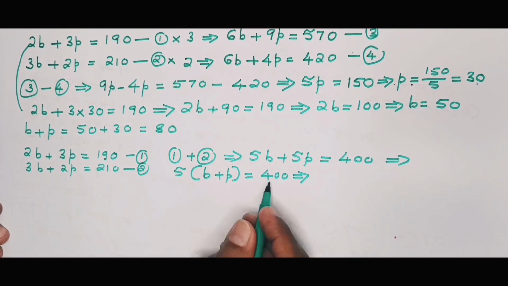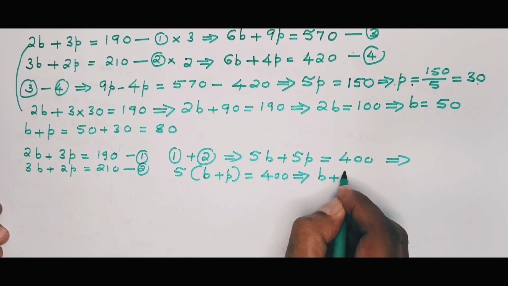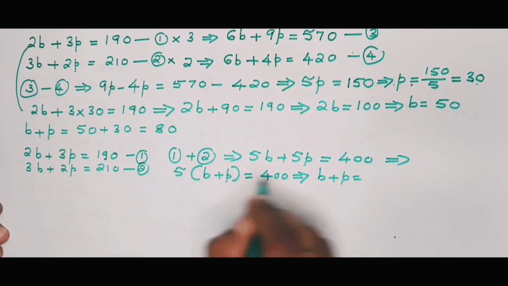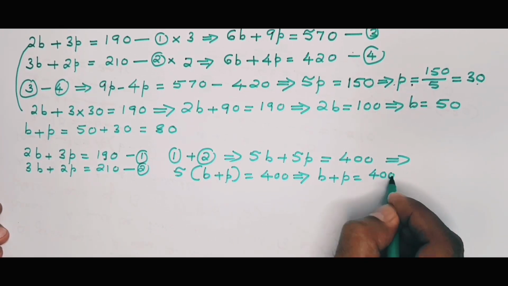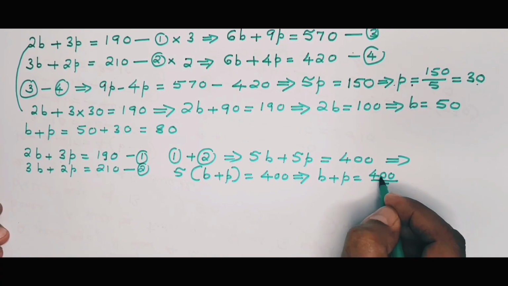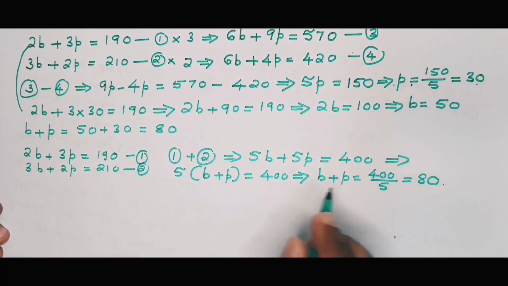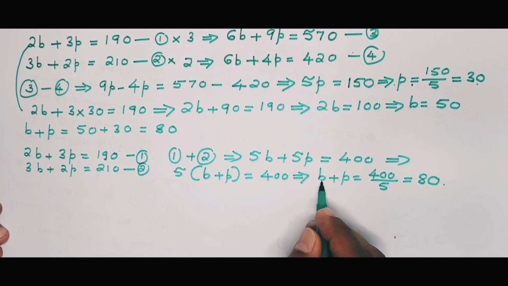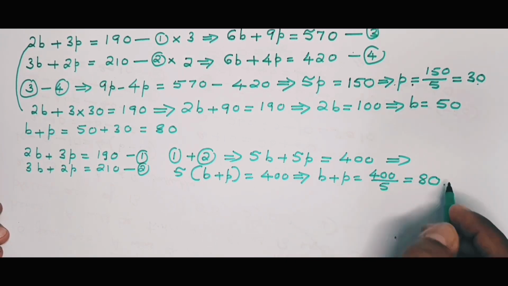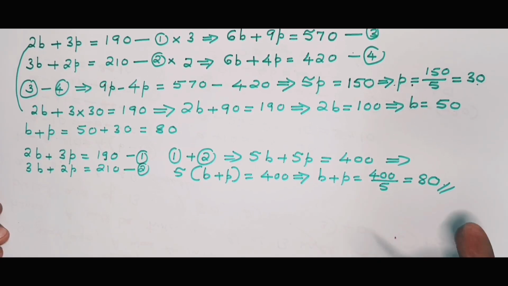Now take 5 to the right side. Here it is multiplication. On the right, it will be division. So you get 400 divided by 5, which on simplification is 80. See, this is what you're asked to find out: the total cost of one burger and one puff. And that is 80. So this is a slightly shorter approach.